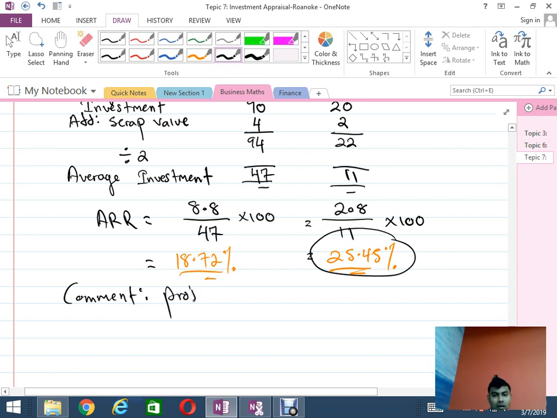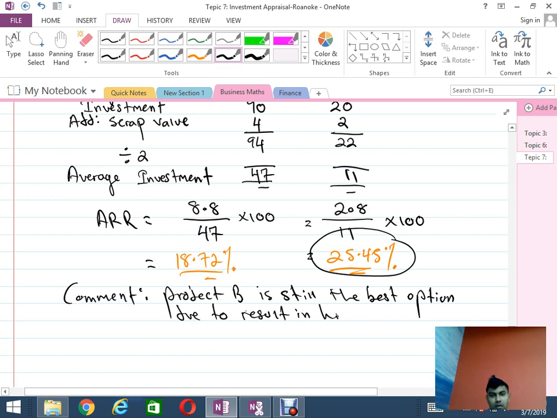Project B is still the best option, due to resulting in a higher return compared to project A.